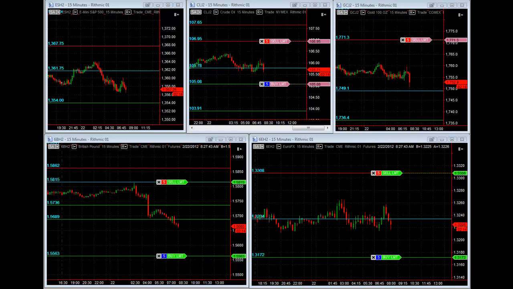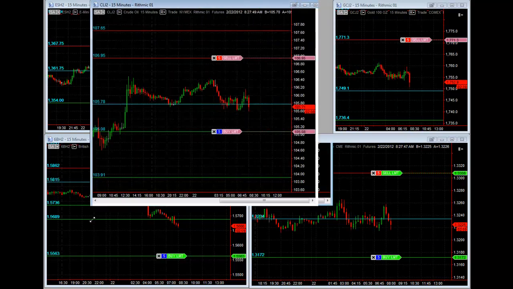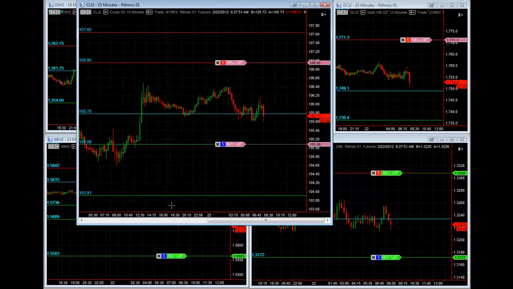Now, how do I trade it? Well, let's just continue to look at the oil as an example. I'm doing the oil as the example here. Please keep in mind, and the people who have seen me trade this will back me up when I say this, oil is the riskiest of the contracts that I trade.